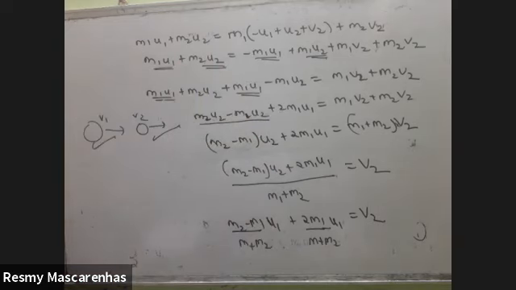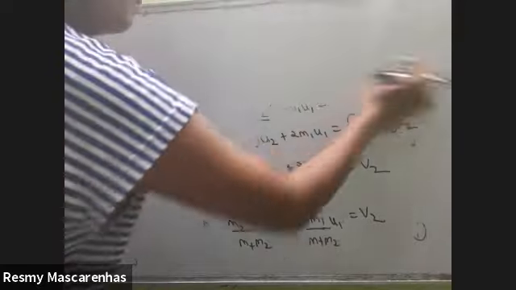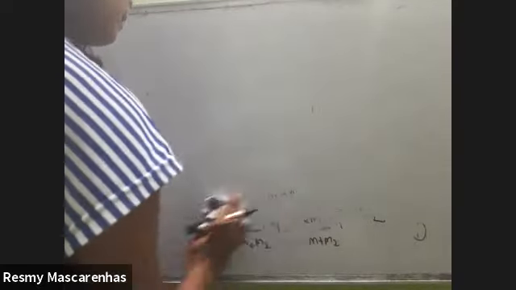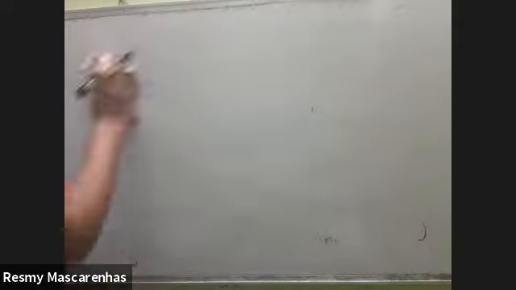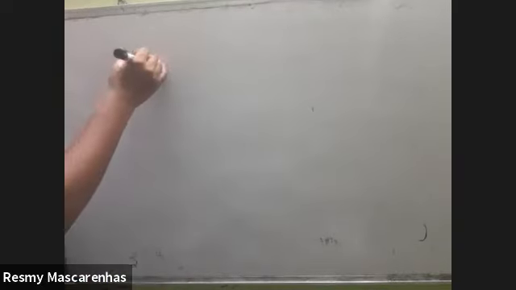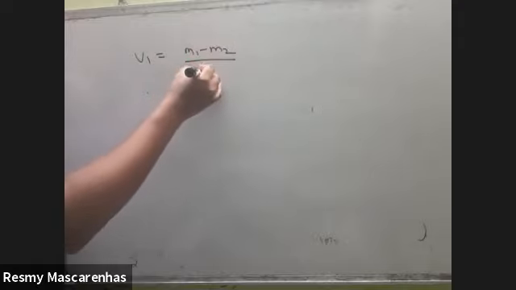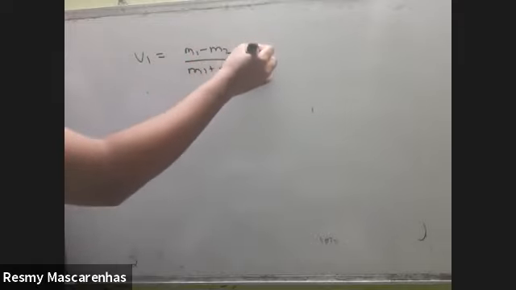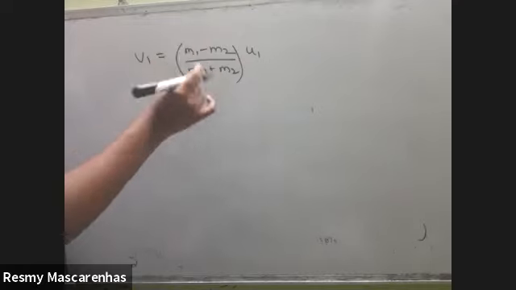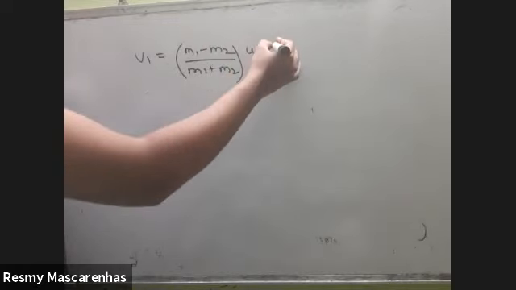Now there are two cases for this. So first I'll just write the formula again and keep them together. You have to remember it to solve the problem. V1 is basically M1 minus M2 upon M1 plus M2 times U1. You put the bracket for the whole thing, okay?